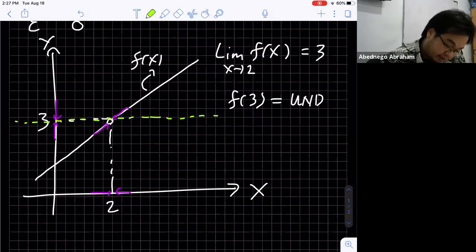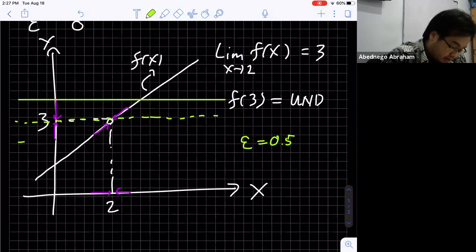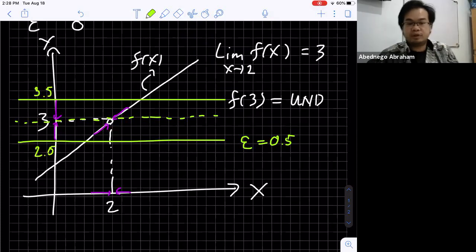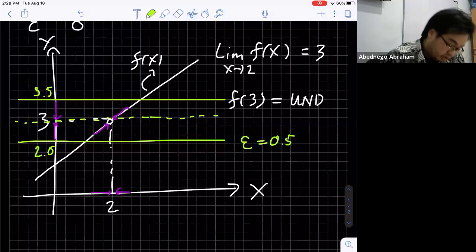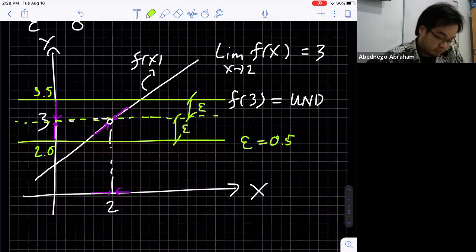If I define epsilon equal to 0.5, for example, then the values are 3.5 and 2.5. So this is epsilon and this is epsilon. There is no epsilon 1 and epsilon 2, epsilon is just epsilon. I'm sorry.